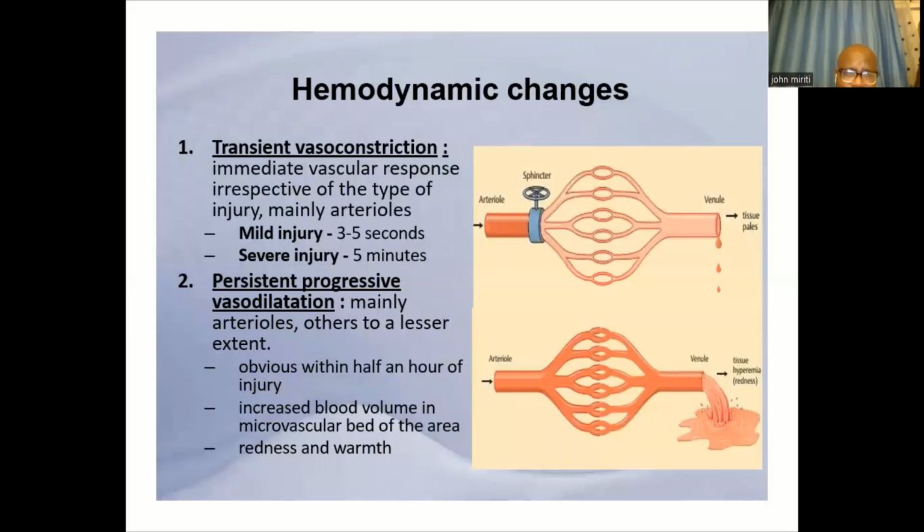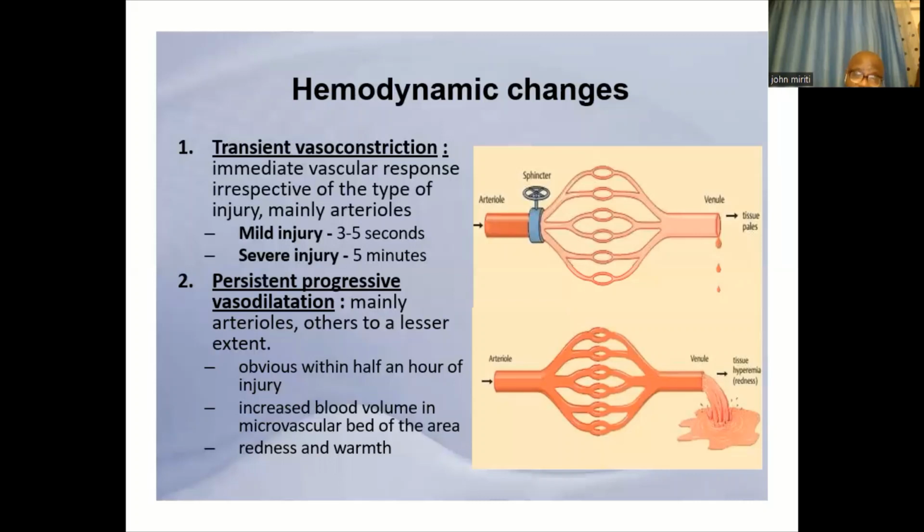Then it is followed by persistent progressive vasodilatation, and this again takes place more on the arterioles and to a lesser extent on the venules. About half an hour after injury, there is increased blood volume in the microvascular bed of the area, and there is redness and heat.